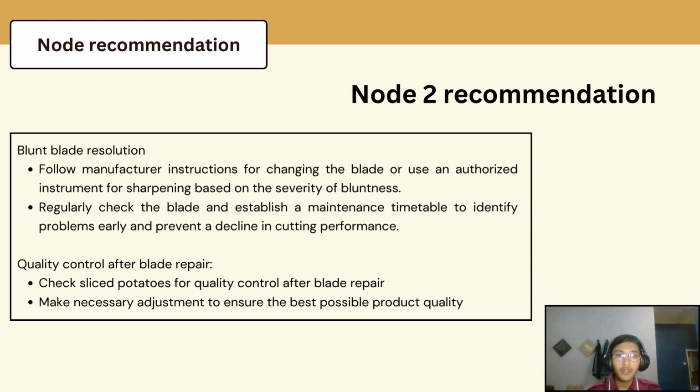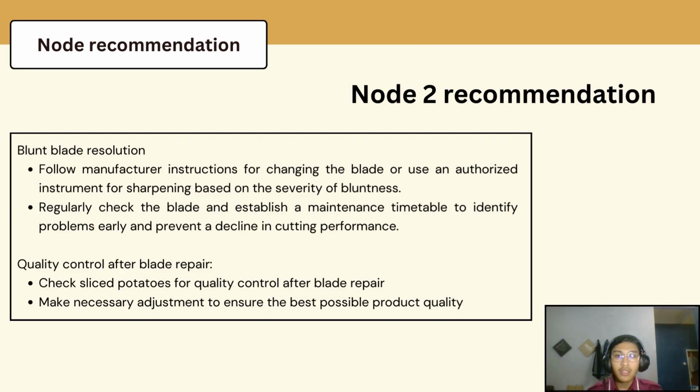Next, the recommendation for blunt blade resolution is to follow the manufacturer's instructions for changing the blade, or use an authorized instrument for sharpening based on the severity of the bluntness. Next is to regularly check the blade and establish a maintenance timetable to identify problems early and prevent a decline in cutting performance.